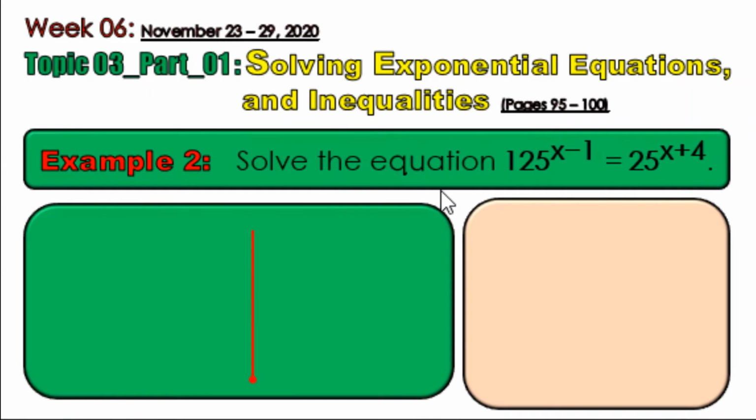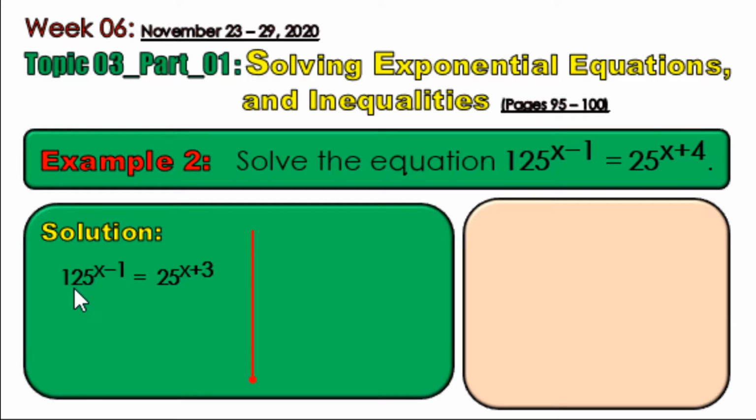Next, we have example number 2: 125 raised to x minus 1 is equal to 25 raised to x plus 4. Again, our target is to have the same bases. Our bases are 125 and 25.